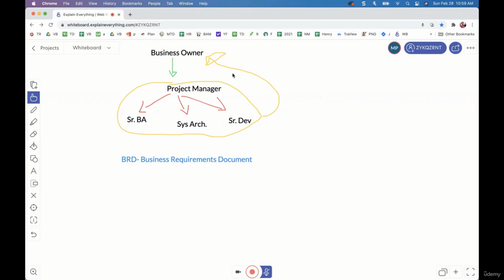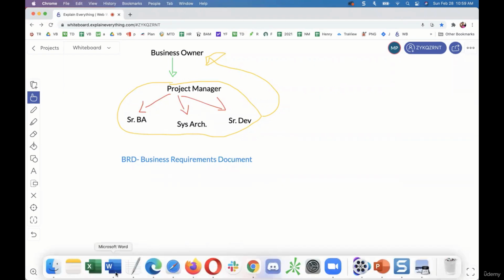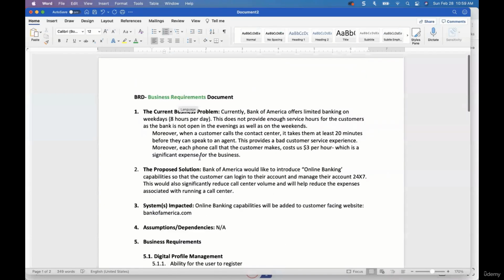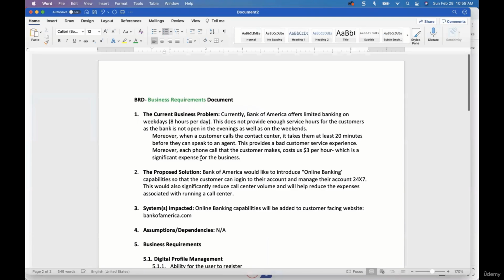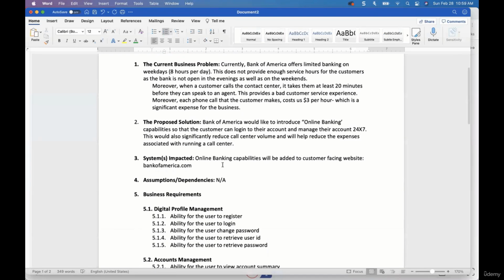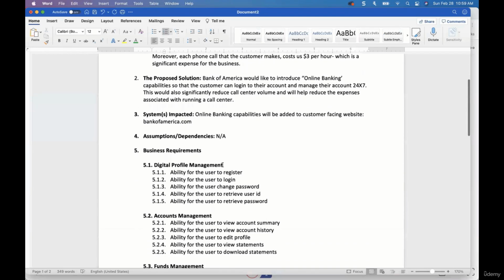And these people go and meet the business owner and ask him a question, do you have a BRD for us? 10 out of 10 times, the business owner does not have a BRD. So the senior BA sets up a meeting with the business owner, asks all these questions and comes up with a BRD. So what do you think this BA should do after the BRD is documented? What is the next logical thing?